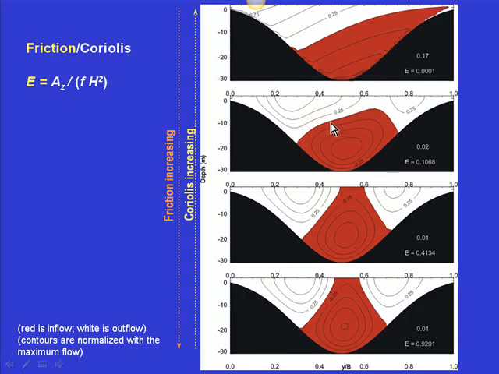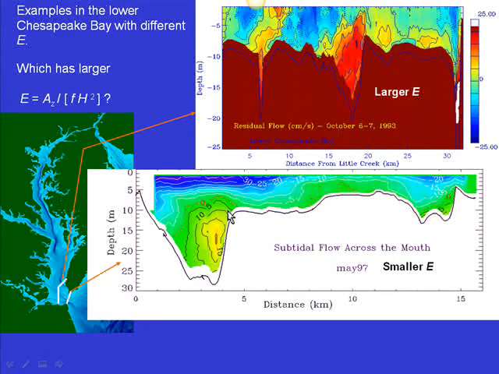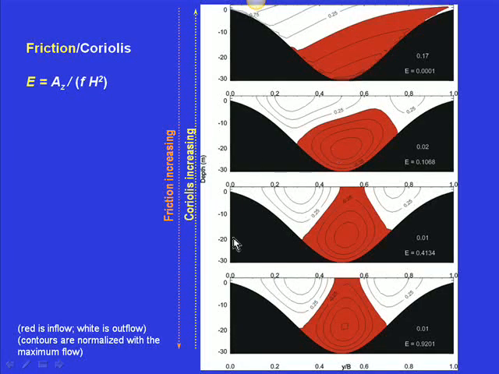Let's go back. It looks something like that. And then this case would look something like this, or even like that, but more like that. Right? So that's for the along estuary flow.